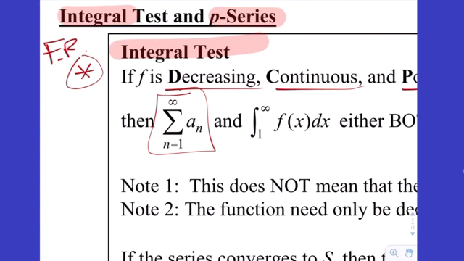They either both diverge or converge. Because we have a way to evaluate an improper integral, that gives us a way to determine the behavior of the series. So if the integral diverges, the series diverges. If the integral converges, the series converges as well. But it has to be a dog cussing in prison.